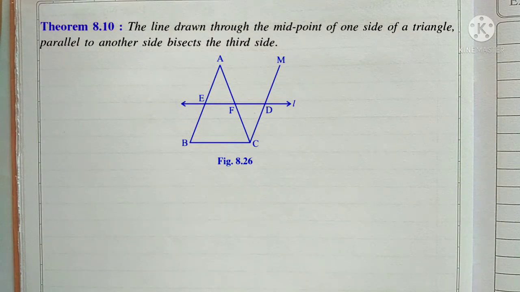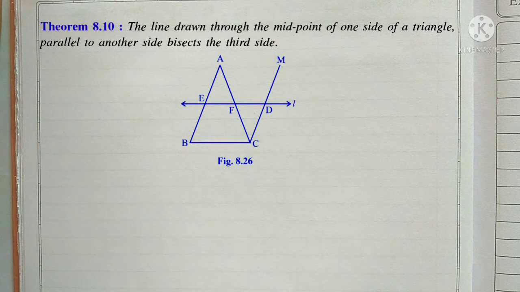If we join two midpoints, then the line is parallel to the side, and if the line is parallel to a side, then it always passes through the midpoint. That's why theorem 8.10 is mentioned here: the line drawn through the midpoint of one side of a triangle parallel to another side bisects the third side.